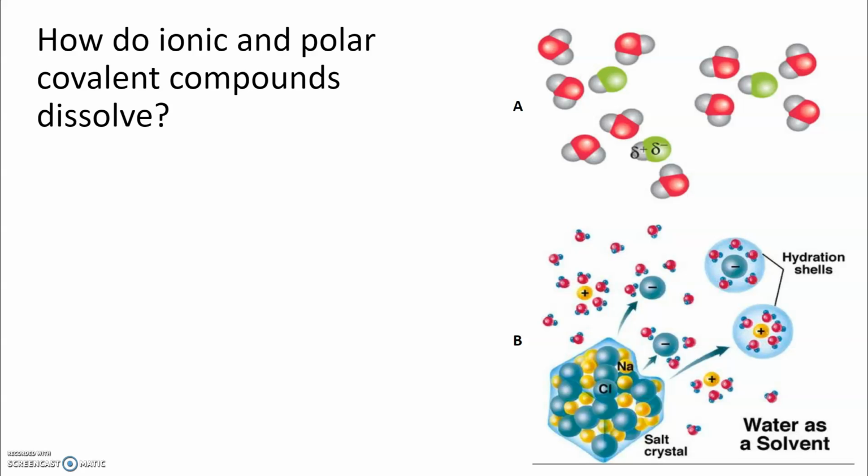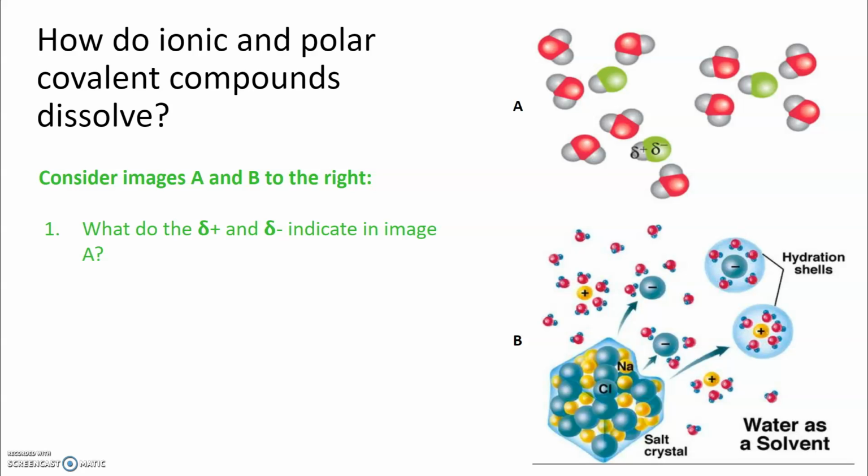So let's do a little critical thinking here. How do ionic and polar covalent compounds dissolve in water? Consider images A and B. What do the delta plus and the delta minus indicate in image A? So I'm talking about right here on this little green and gray guy.